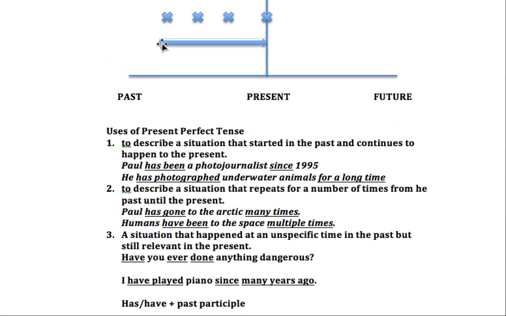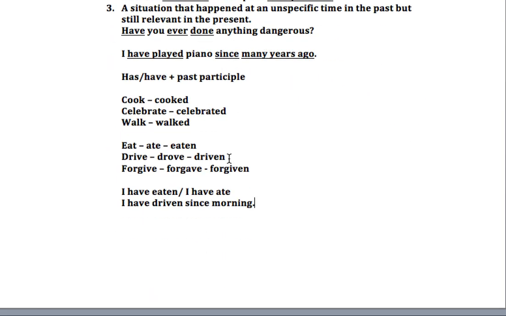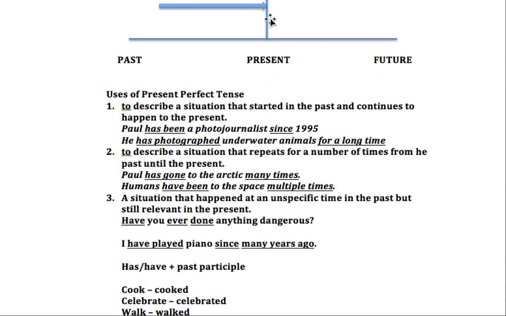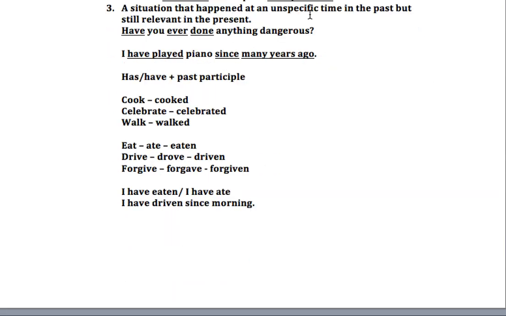So this is morning, so you have been driving, and now in the present you have finished driving or you are still driving. So I have driven since morning. You might continue to drive in the future, or in that afternoon, or still in that morning.